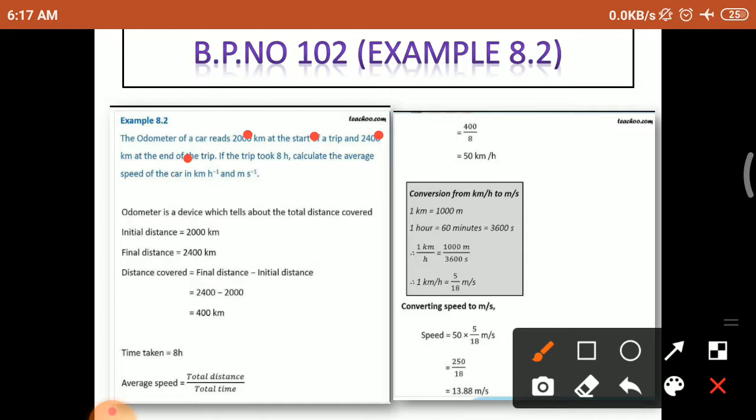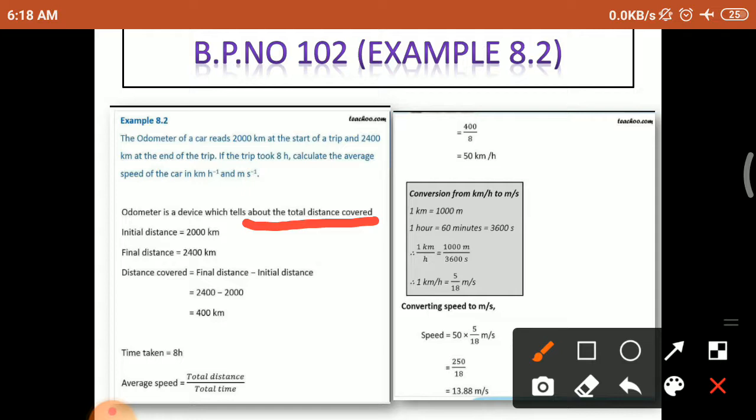If the trip took 8 hours, calculate the average speed of the car in kilometer per hour and also meter per second. So you know what the odometer is. The odometer is fixed in automobiles, on the dashboard. It measures the distance. So the odometer is a device which tells the total distance covered.